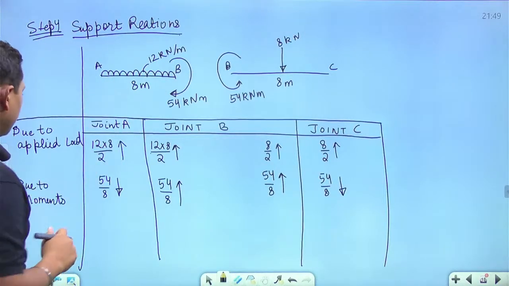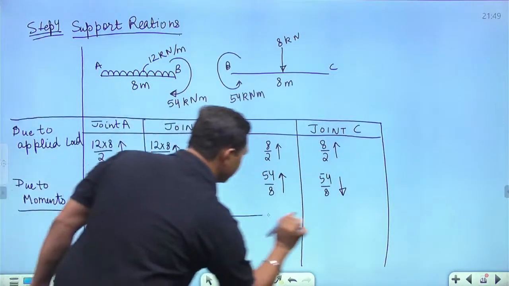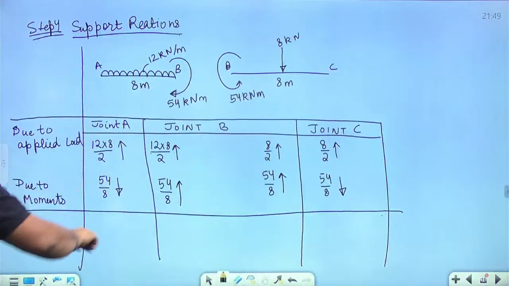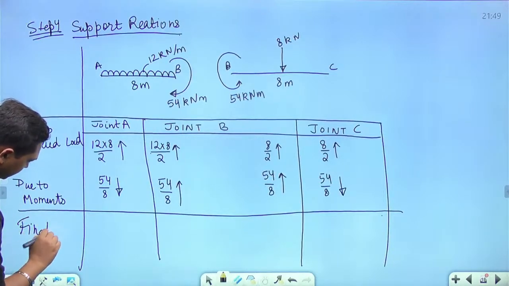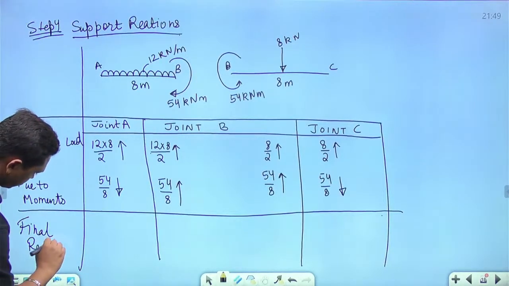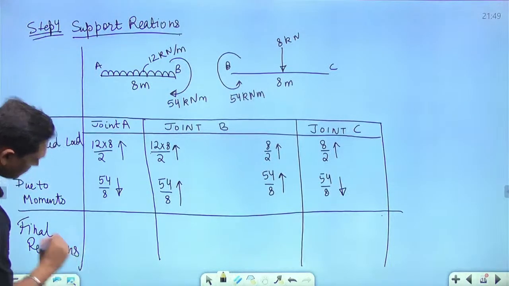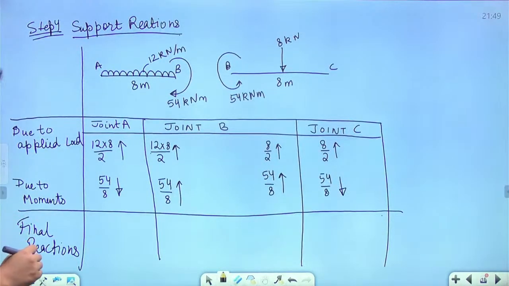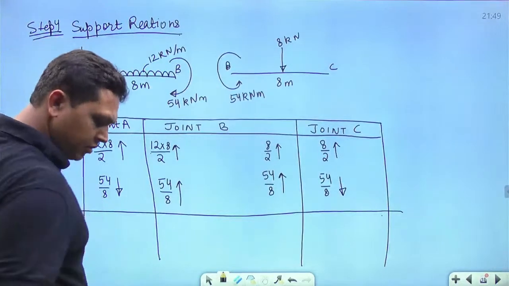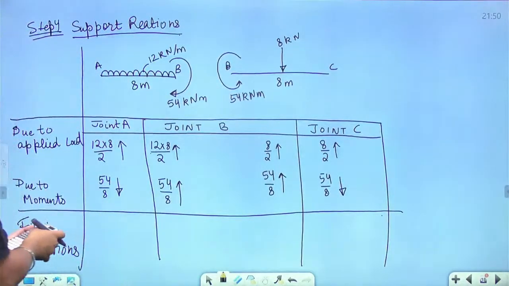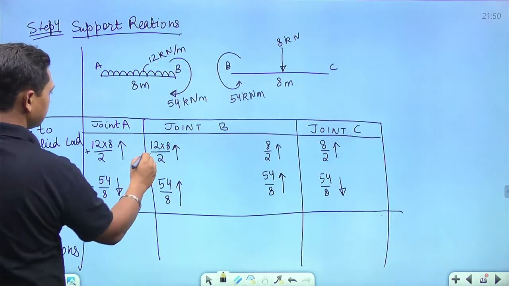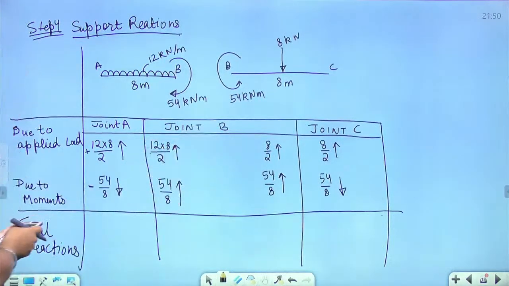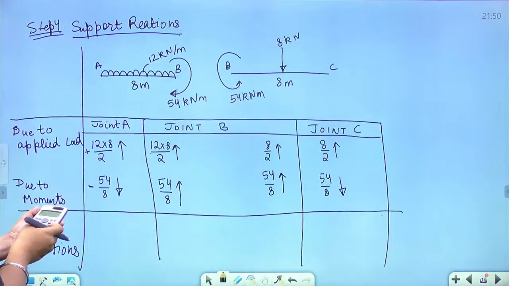All right, so what are the final reactions that you are getting? Take upward as positive, downward as negative. So everywhere, wherever it is upward, take positive, downward negative.